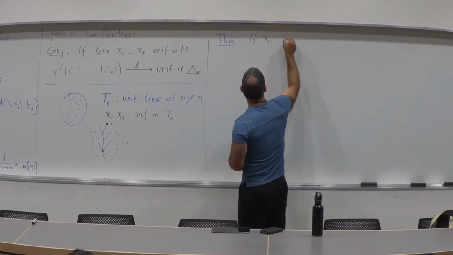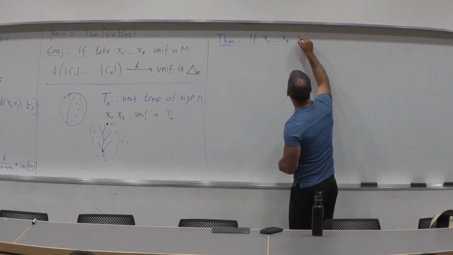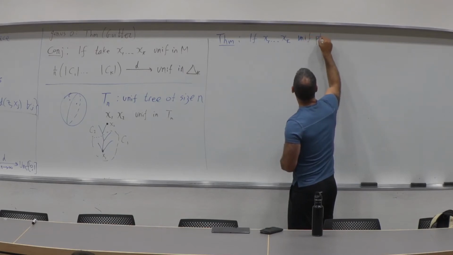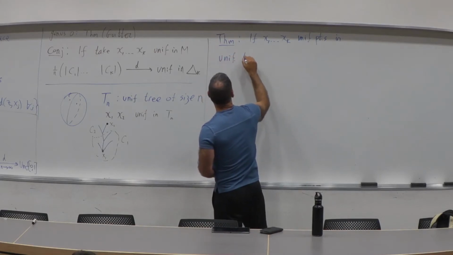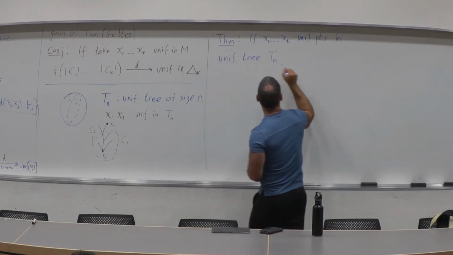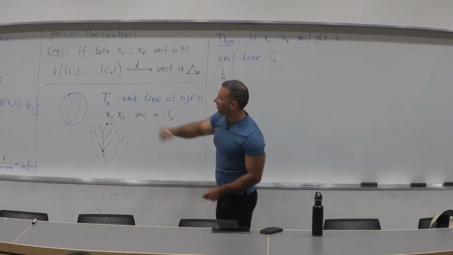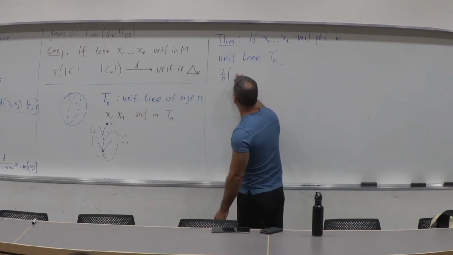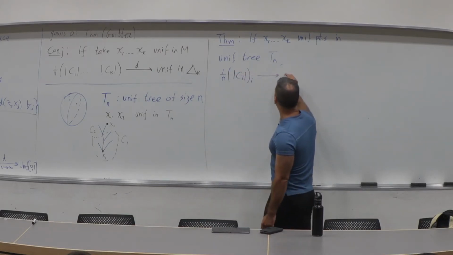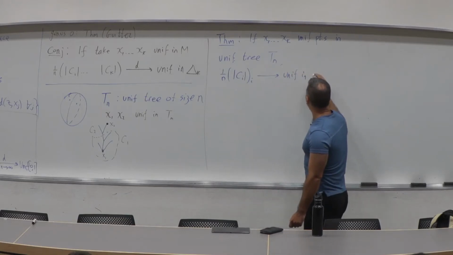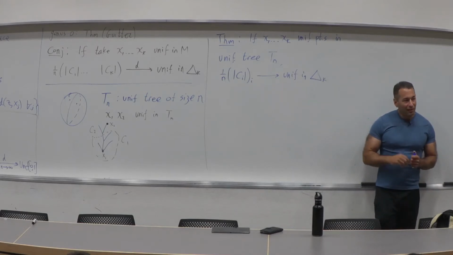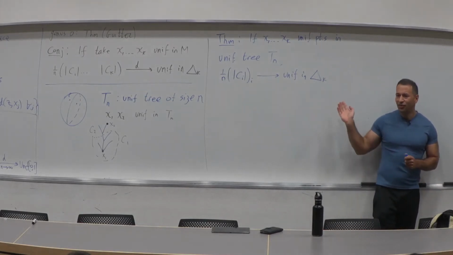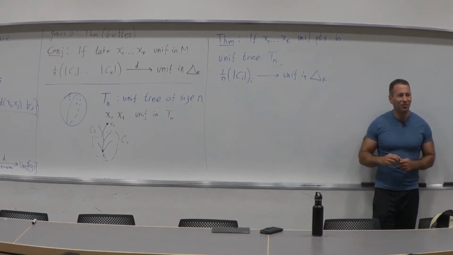If x1 up to xk, and this works for any k, are uniform points in a uniform tree Tn, then we have exactly this result: 1 over n times the volume of the Ci converges to uniform in the k-dimensional simplex. Any questions about what we are trying to do?